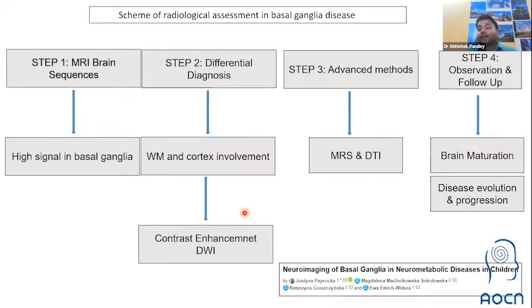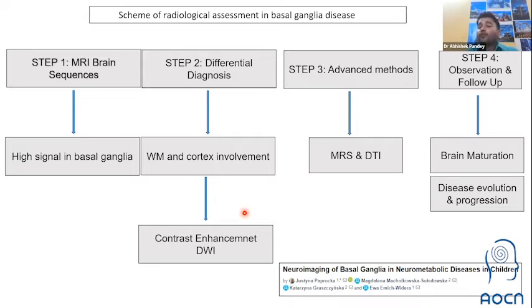Advanced methods are there, like MRS, magnetic resonance spectroscopy, which will show the accumulation of a metabolite in the part that is affected, and diffusion tensor imaging to look at the white fiber tracts.